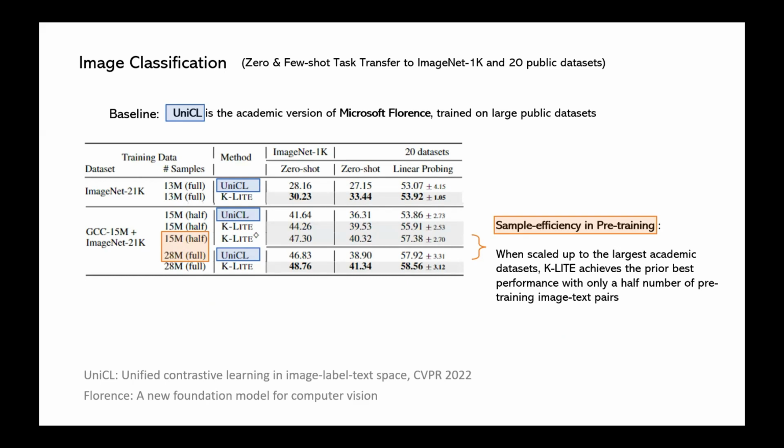The average scores are reported here. We see that K-Lite is more sample efficient than UniCL. For example, K-Lite shows comparable performance with UniCL using only half the number of training image-text pairs.